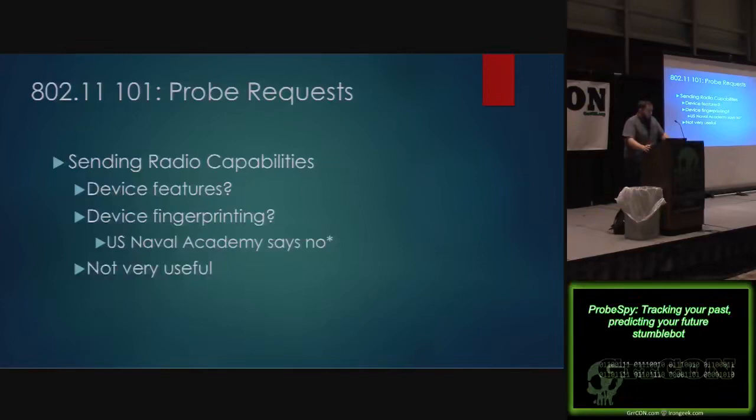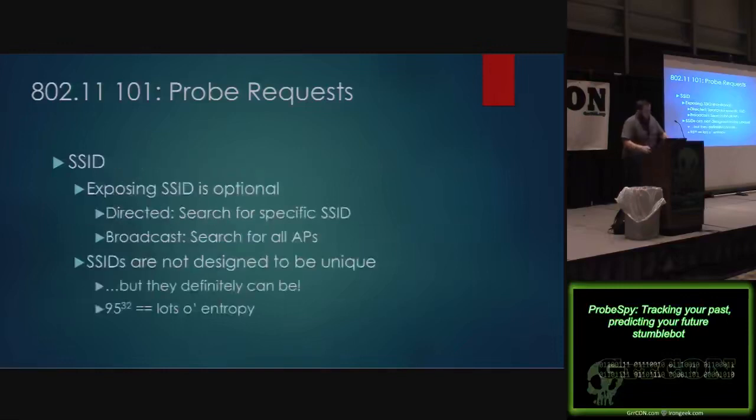Now, unfortunately, there's a paper by the U.S. Naval Academy that goes into a whole bunch of wireless information disclosure techniques like this. And in their research, they found that these features tend to change all the time when they're being sent out. So unfortunately, it's not very useful as a device fingerprinting method.